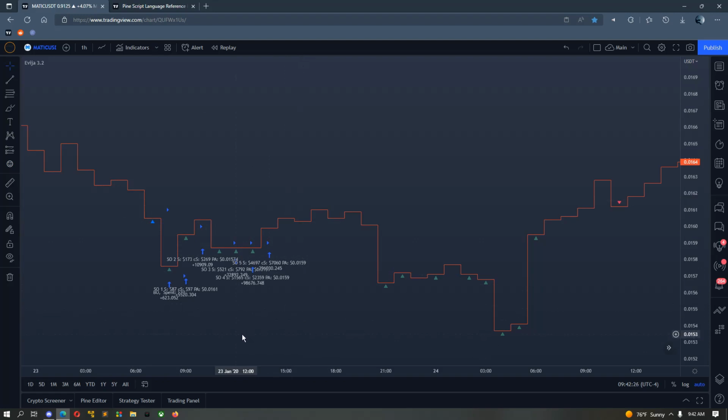Well, it would get this far, things would be going good, but then it would start counting these safety orders. It's already at 7,000 cumulative spending, so it's only got 3,000 left from that initial capital.